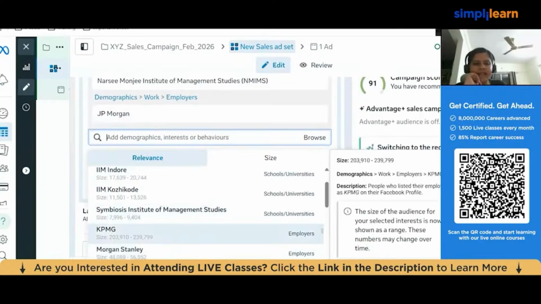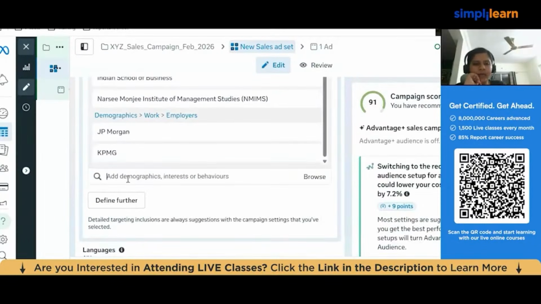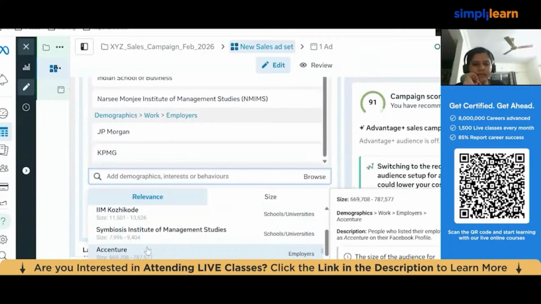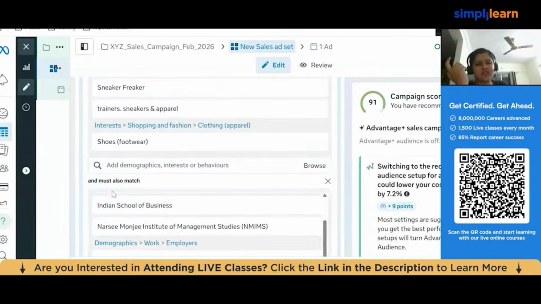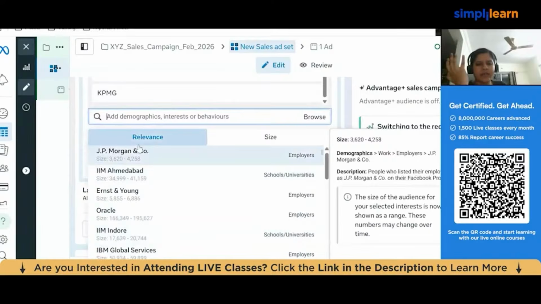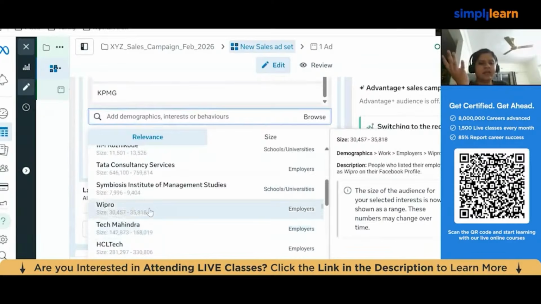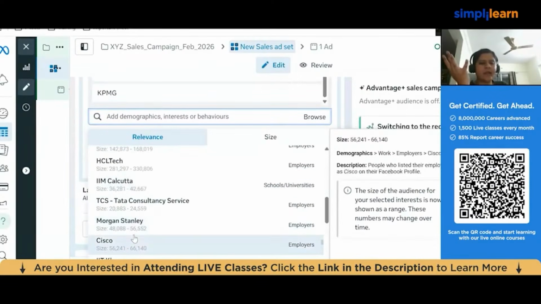I can see KPMG, Accenture. I won't select Accenture ideally, but yeah, you can take other big firms, like Oracle, Ernst and Young, IBM, HCL Tech, Morgan Stanley, Cisco.